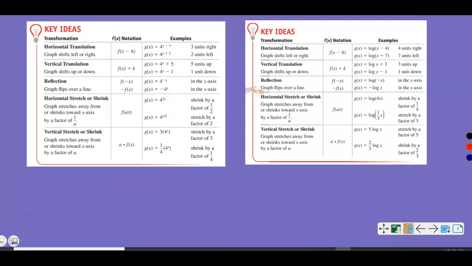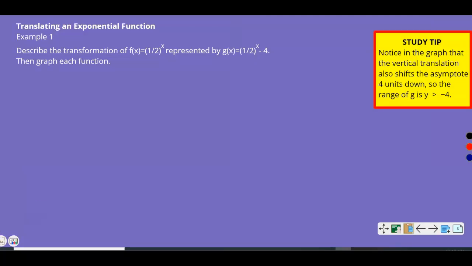All right, remember, we've already done transformations with linear, with absolute value, with quadratics, with cubic functions. So you've already done transformations with several other types. So these are just rules. If you learn the rules, like when you learn to drive, if you learn all the rules to drive, then you're going to be a good driver. If you learn all of these rules for math, then it will make this class much easier.